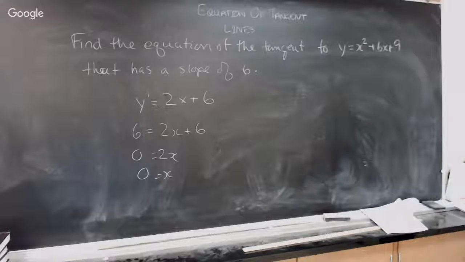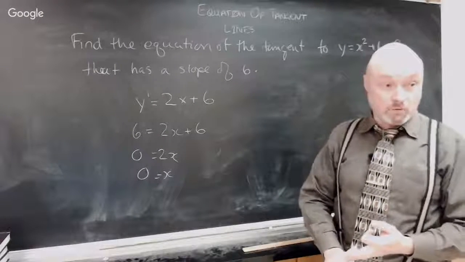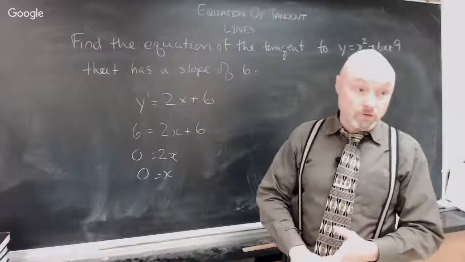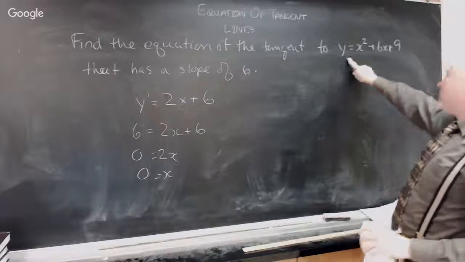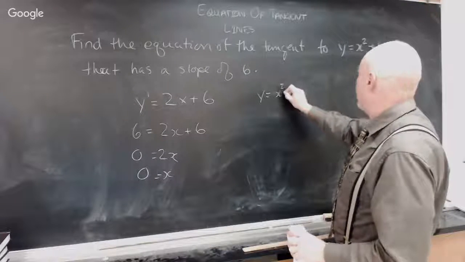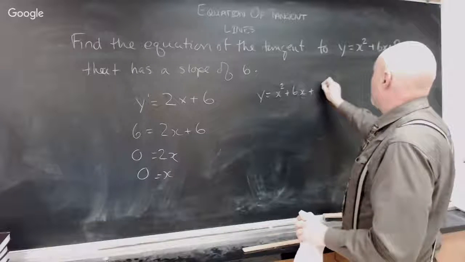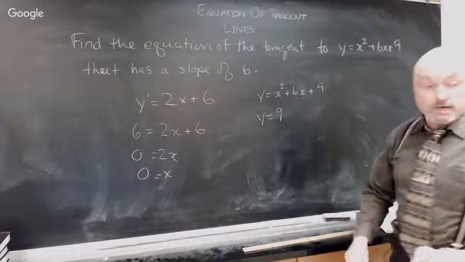Okay, so x is 0. So we've got the slope, we've got the x-coordinate. We do not have the y-coordinate, and we don't know b yet. To get the y-coordinate, we're going to put a 0 in here, and I just love putting 0 into stuff where I have to use an x. So y equals 0 squared plus 9, y is equal to 9.